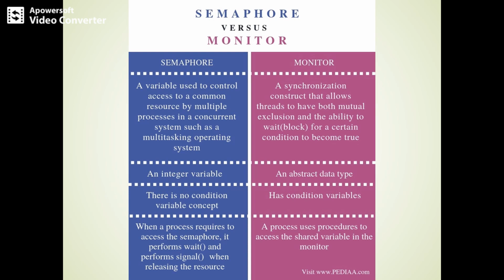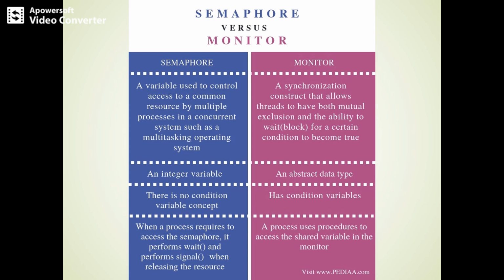You have also observed that in a monitor there are condition variables, and for each condition variable you have respective queues, and there is no such thing as condition variables in semaphores. In semaphores, there is no chance of spin lock, but here there are chances of spin lock.